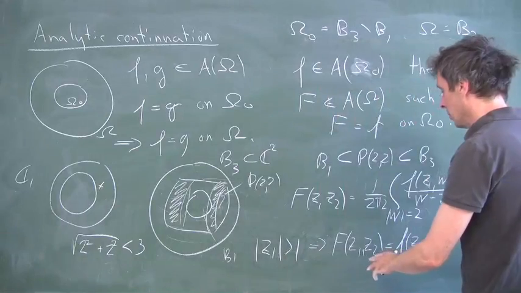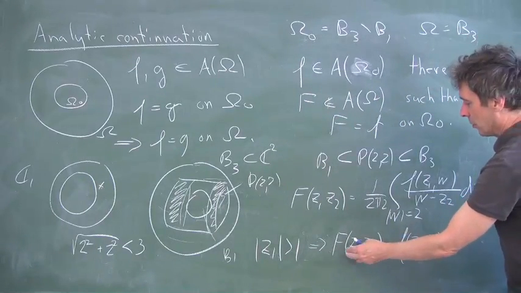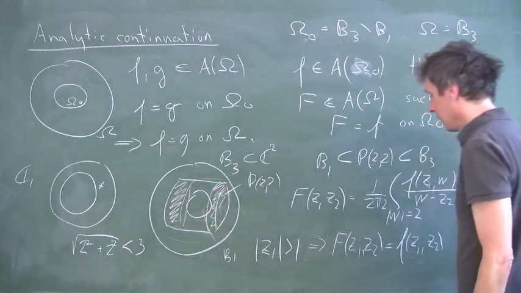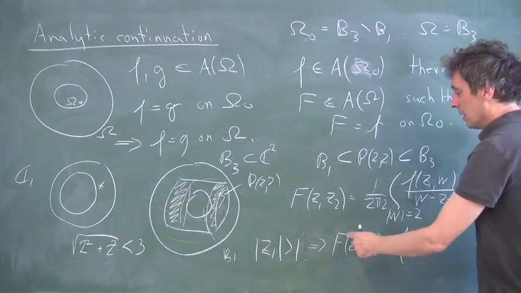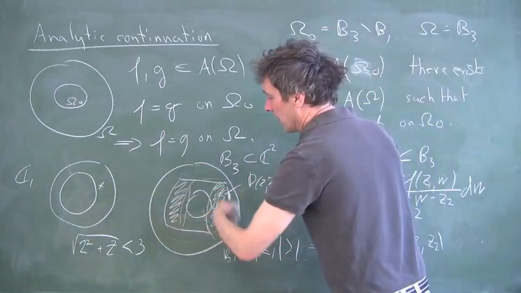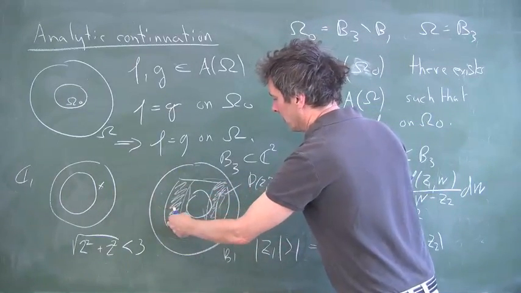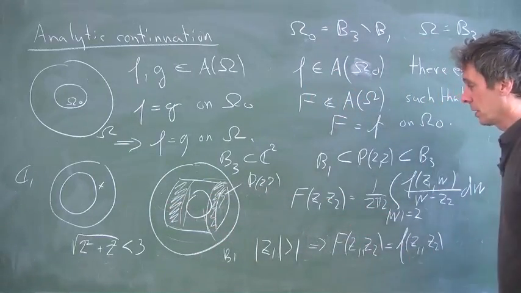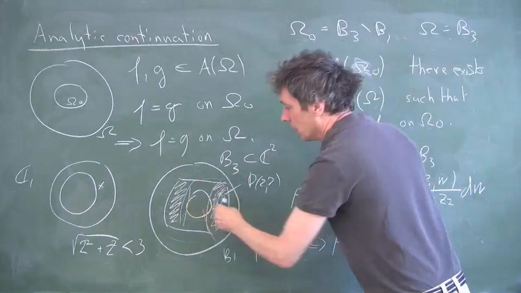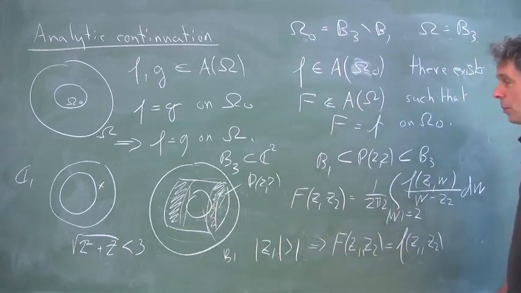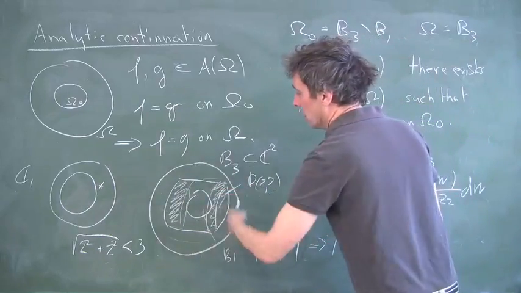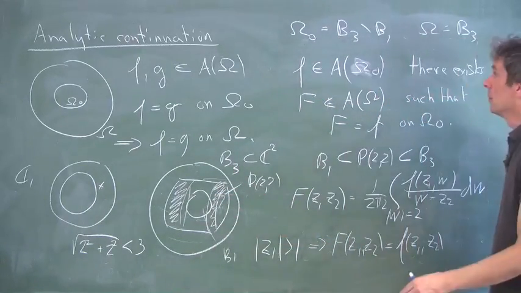And so then you see that these two functions will agree on this shaded set here now. And then the original function small f will give you an extension to the whole ball B3 outside the polydisk, and this formula then will give you an extension to the ball B1 inside the polydisk. So you have actually here now defined an extension to all of the set B3 or omega.